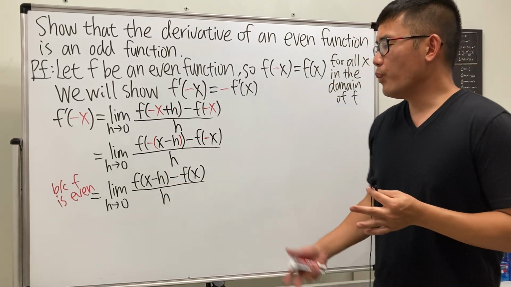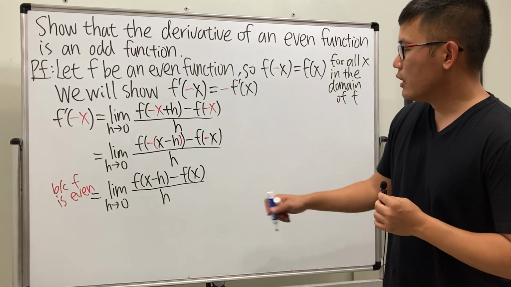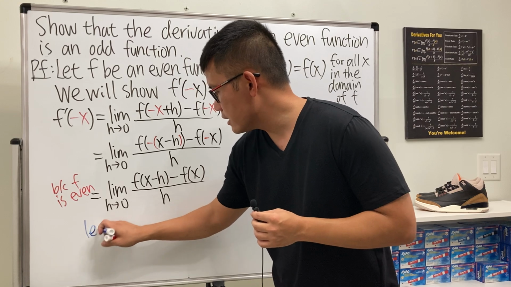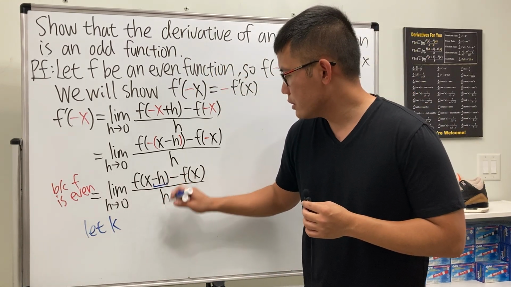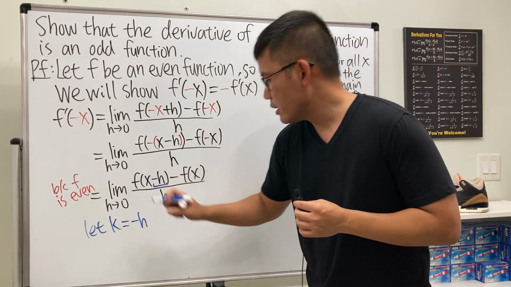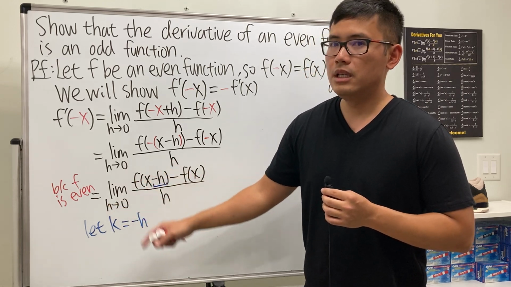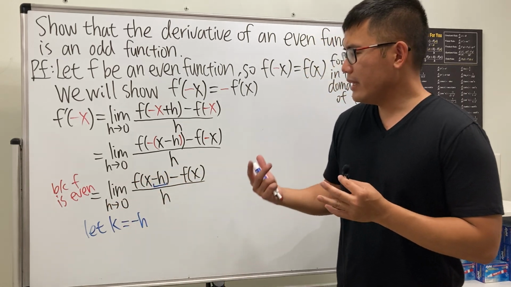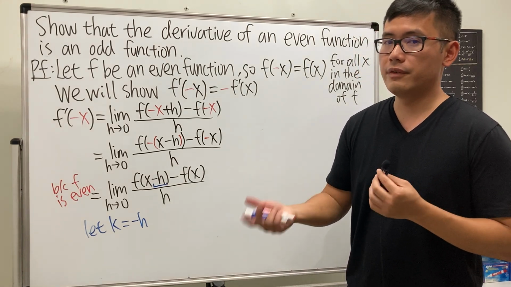What do we do? Well, in this case, let's just do a change of variables to make things super clear. So right here, I'm going to say let k be negative h. And the reason is because when we have this limit, if we do a change of variable, the output will still be the derivative if it's the same structure of the definition of derivative.